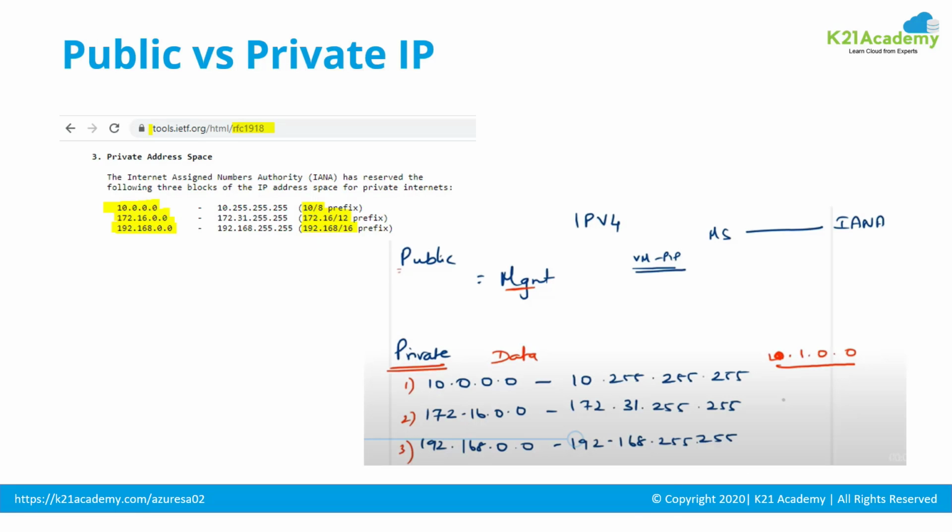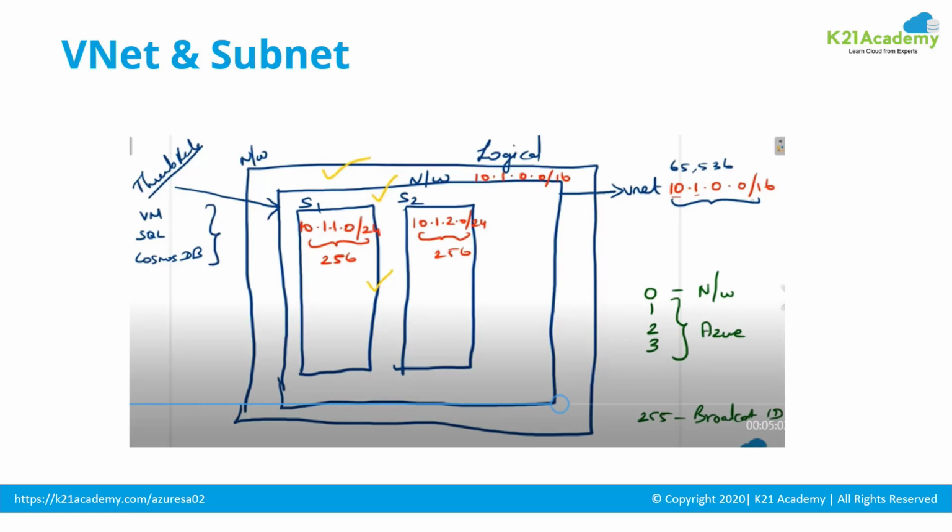She also talks about public and private IPs, where private IPs are based on RFC 1918 and these 3 ranges: 10, 172 and 192. She then creates a virtual network, VNet, including a subnet inside Microsoft Azure using the Azure Portal.